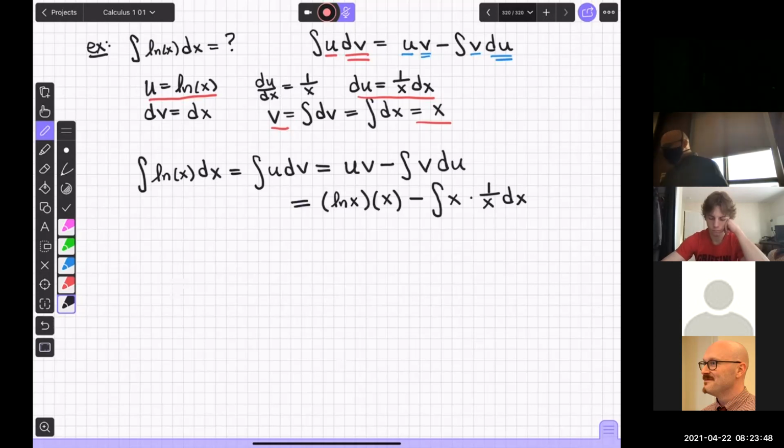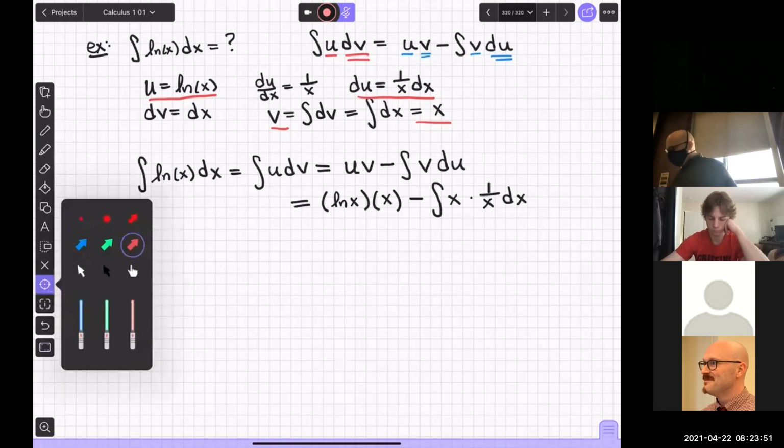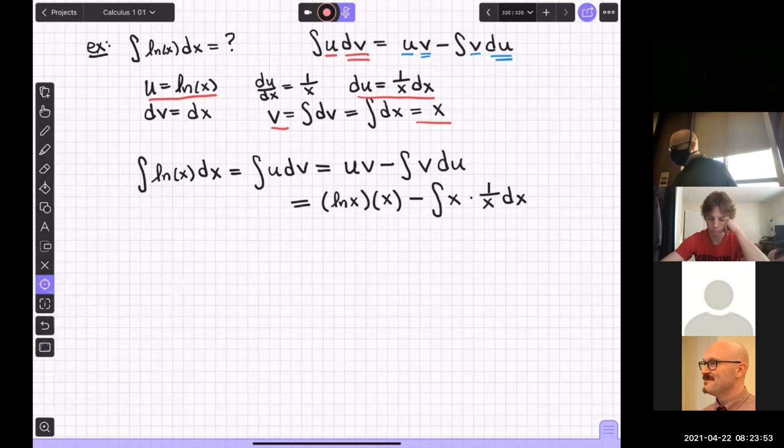So I got x for v from right here. Okay, there we go. So right here, I said that dv equals dx. So then v is the antiderivative of dv. Does that part make sense? Okay, well then, if I keep the integral symbol, I can replace the dv part, which is right here. But this, the antiderivative of the derivative of x, is x.